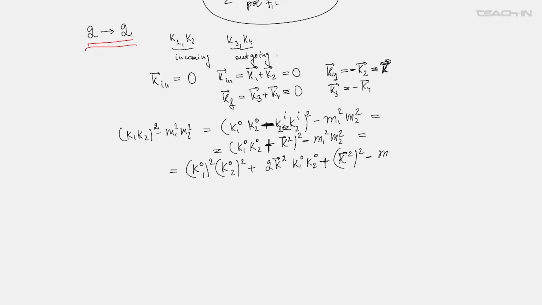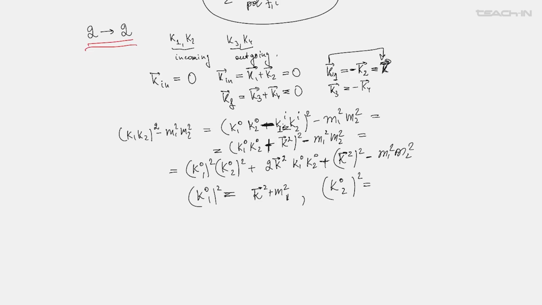And now we have to remember that k01 squared, due to the dispersion relation, is k squared plus m1 squared, because k1 is k. I don't need a square root here, because I'm writing this for the square of k01. So analogously k02 squared is k squared plus m2 squared, as k2 is minus k.